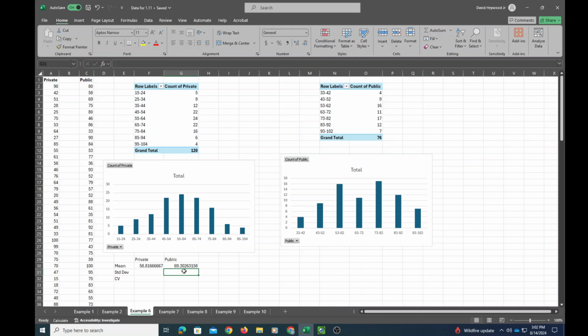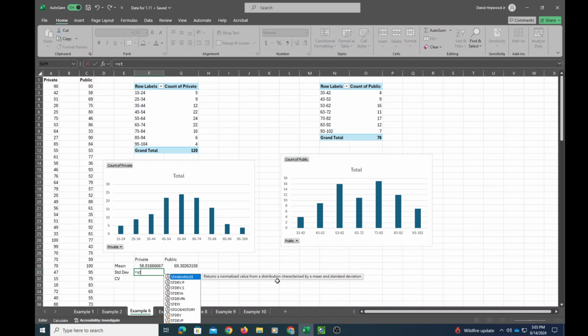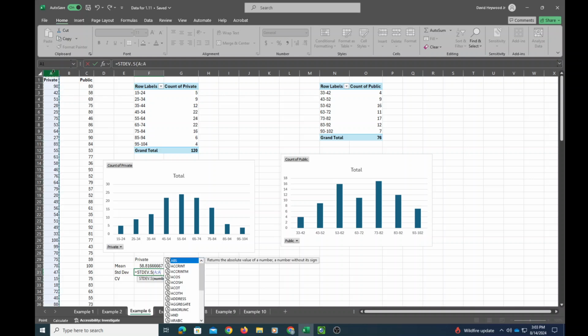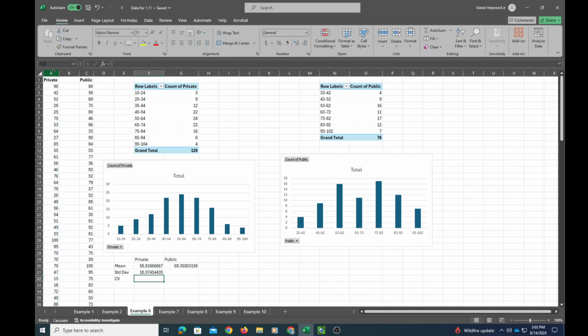Okay, so just comparing the averages, you can see that public schools have a higher acceptance rate than private schools do. Which is not surprising. Okay? Let's compute standard deviations. So STDEV.S for sample. Okay. There it is for private schools.